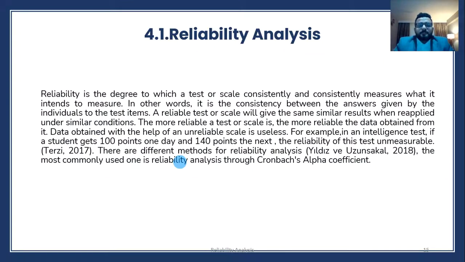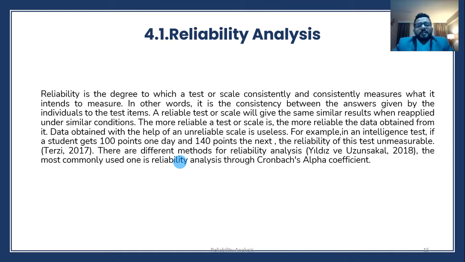Reliability analysis. Reliability is the degree to which a test or scale consistently measures what it intends to measure. In other words, it's the consistency between the answers given by individuals to the test items. A reliable test or scale will give similar results when reapplied under similar conditions.